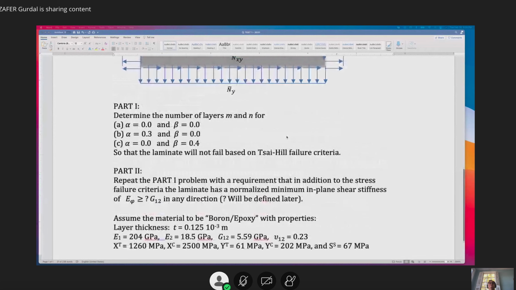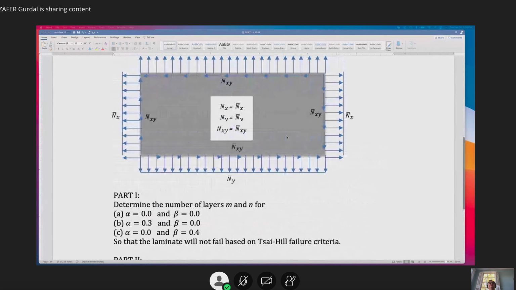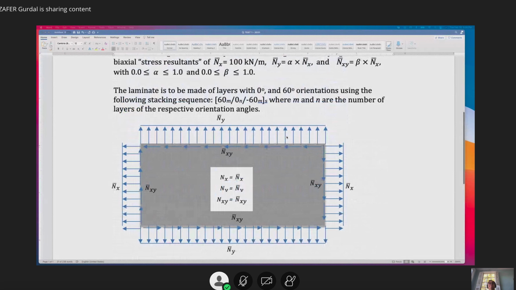And did I make any other edits? Probably not. Questions? Okay.